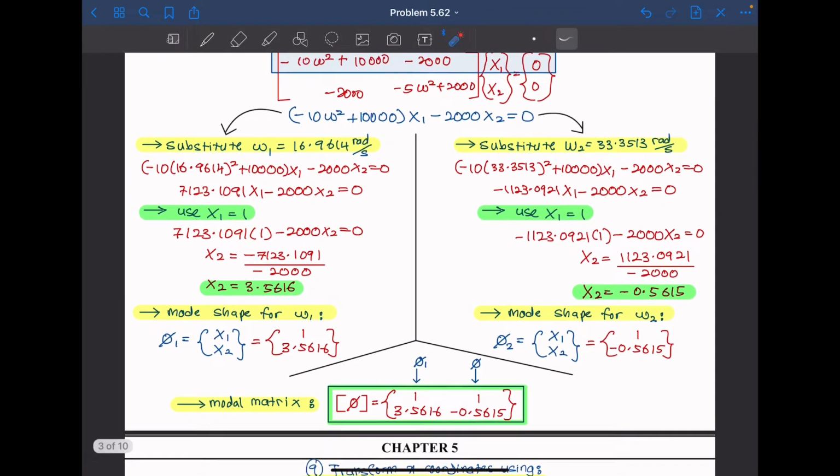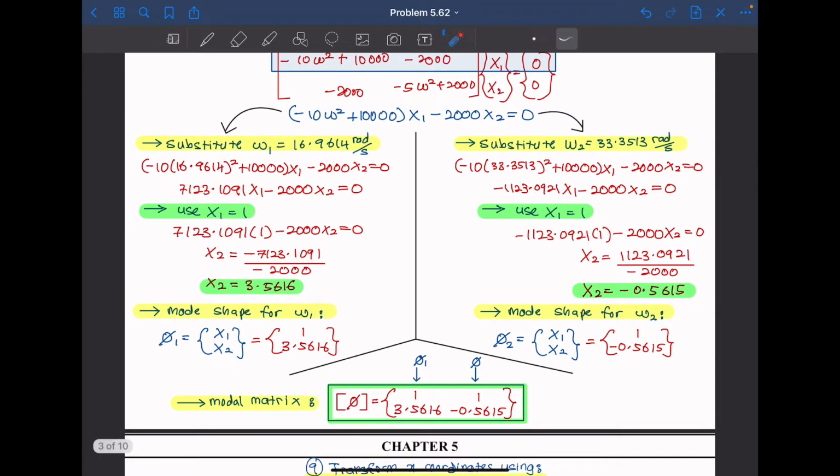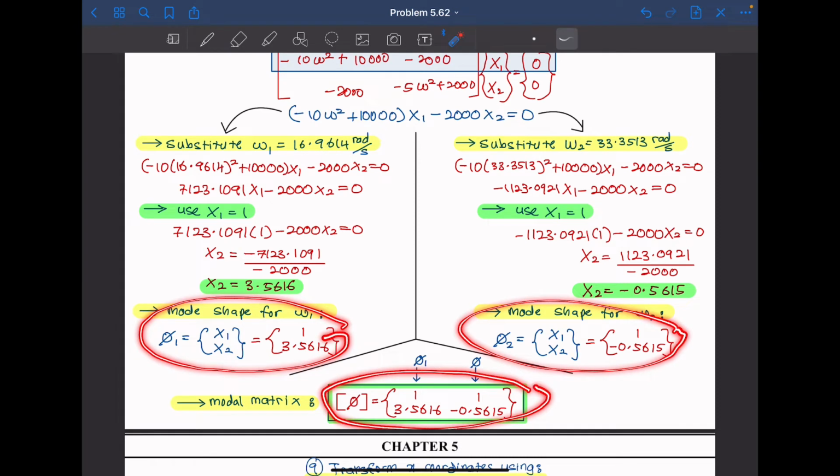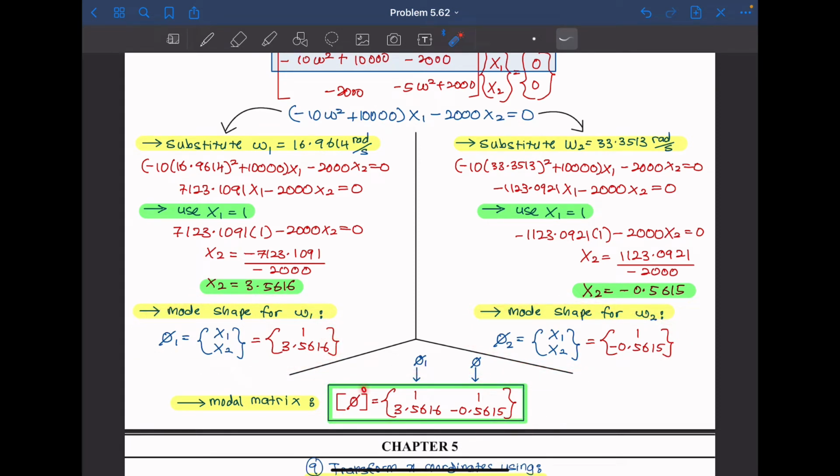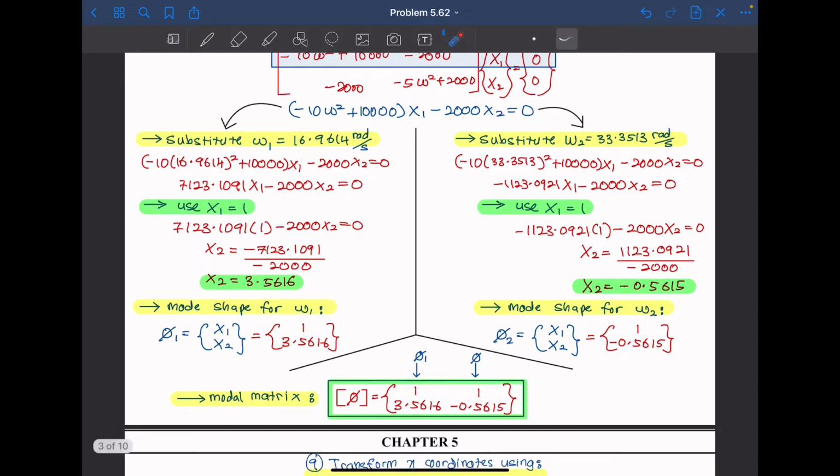Now the extra thing for modal analysis is we have to continue after that, where your first mode shape and your second mode shape, we put them in one modal matrix. The modal matrix consists of your first mode shape here, 1 and 3.5616, and also your second mode shape here, 1 and also negative 0.5615. That's how you combine those two mode shapes into one modal matrix.